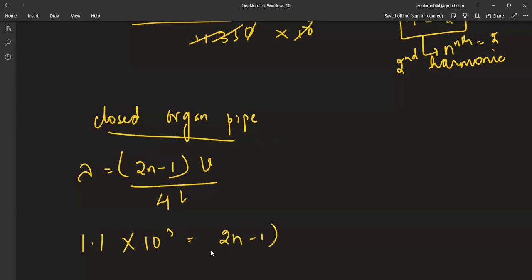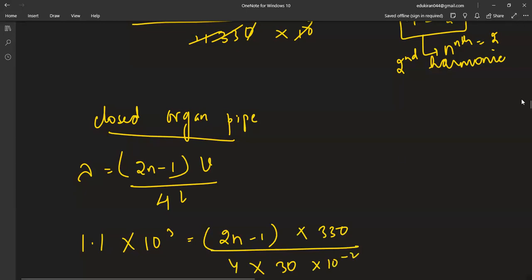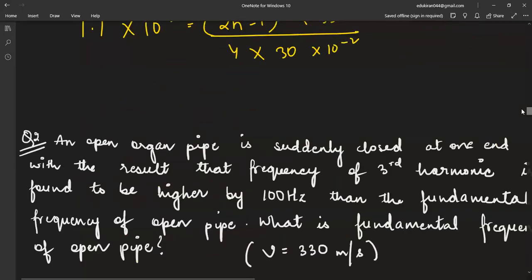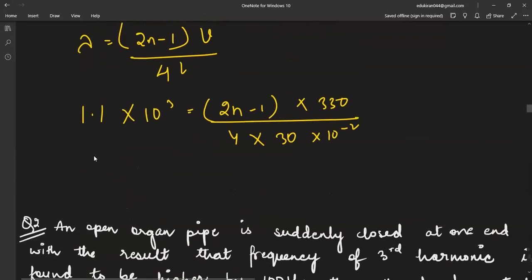So (2n minus 1), velocity is 330 by 4 into 30 into 10 to the power minus 2. The rest of the calculation is the same, it's just that we'll have 2n minus 1 is equal to 4. So 2n is equal to 5, n is equal to 2.5. It's not matching.